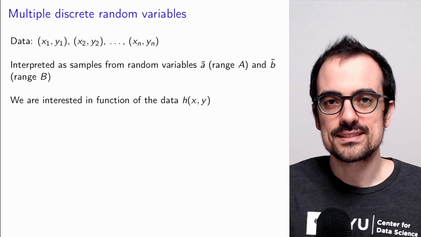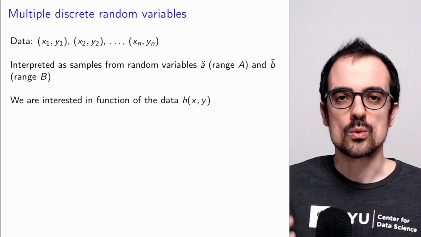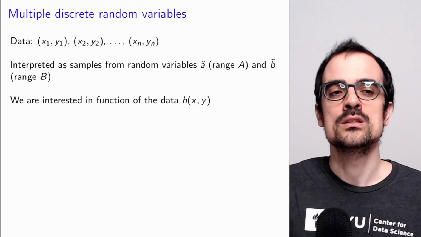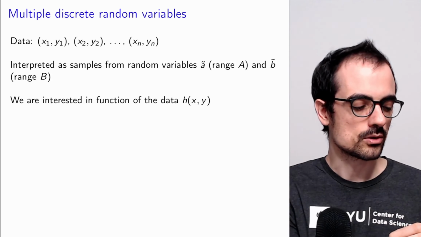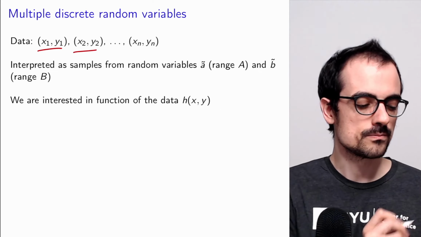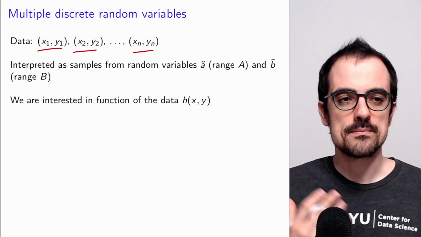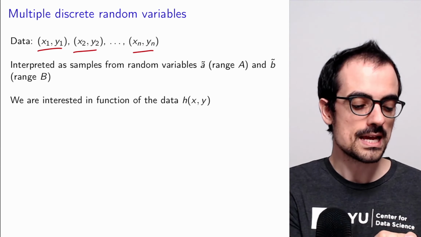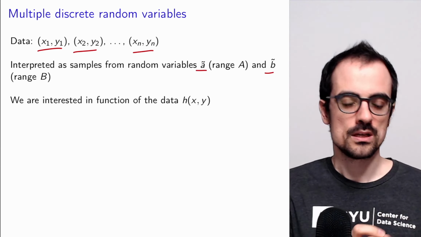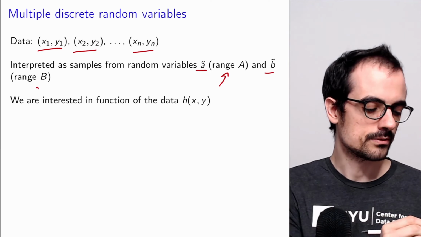Right, now let's take a look at what happens when we have a function of several discrete quantities. Here we have a data set that corresponds to pairs of values, and we're going to interpret them as samples from the joint distribution of a random variable A and a random variable B, each of which has its own discrete range.